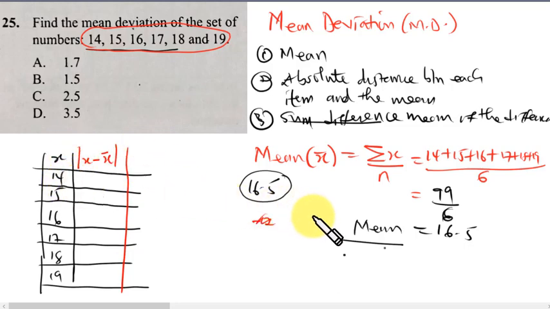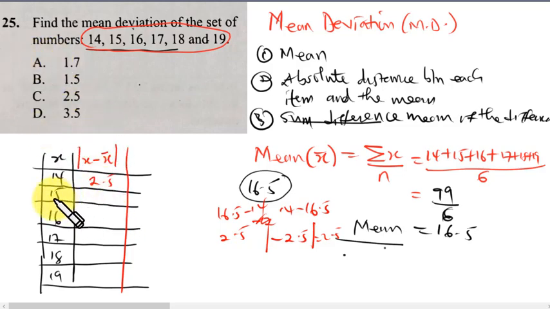So we have 14 minus 16.5, and that will give us negative 2.5, but we want the absolute value, so that will be 2.5. Or you can just say 16.5 minus 14, and that will be 2.5. Next, 15 minus 16.5, or 16.5 minus 15, gives 1.5. Then 16.5 minus 16 is 0.5.